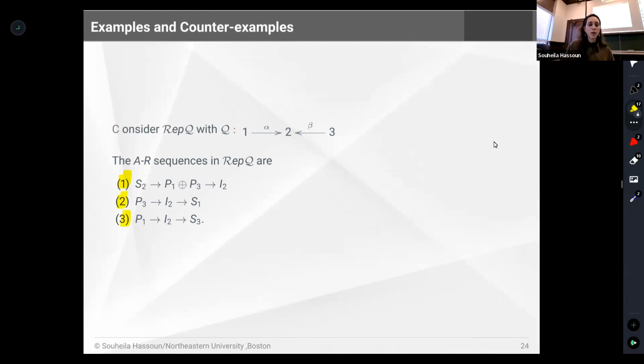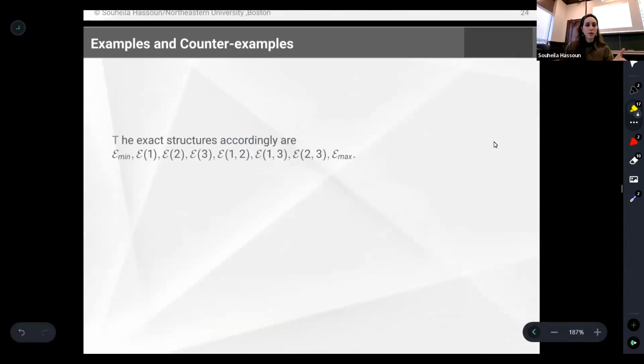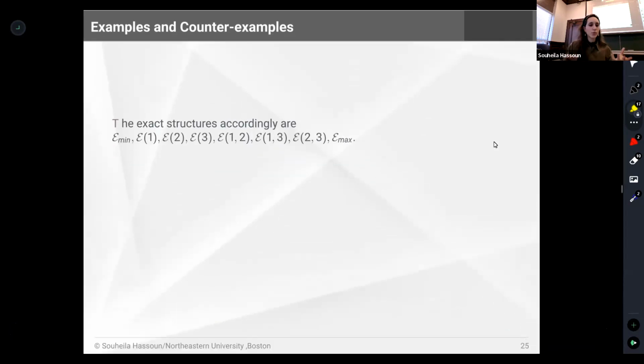And these ones with the ending are indecomposables, etc. Well, in this case, under some conditions, these almost split sequences generate all exact structures. So each time we choose one of these, we generate an exact structure.